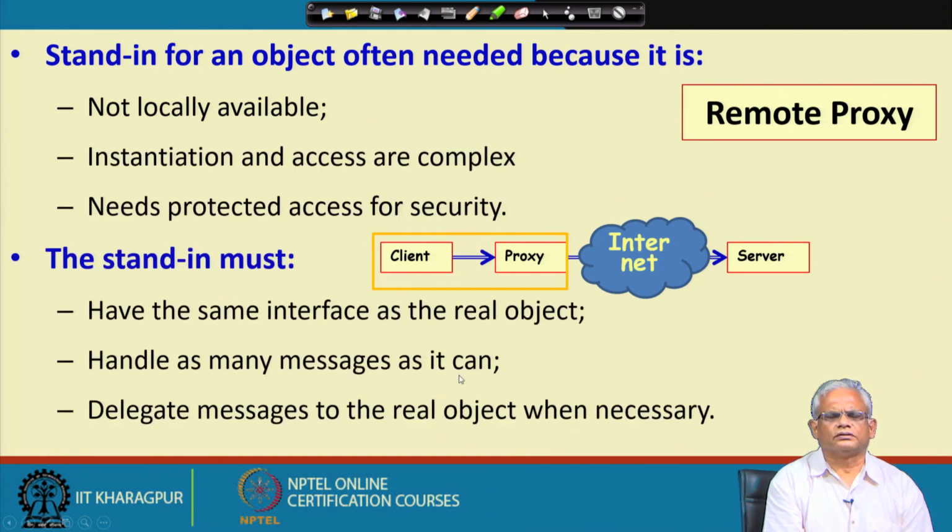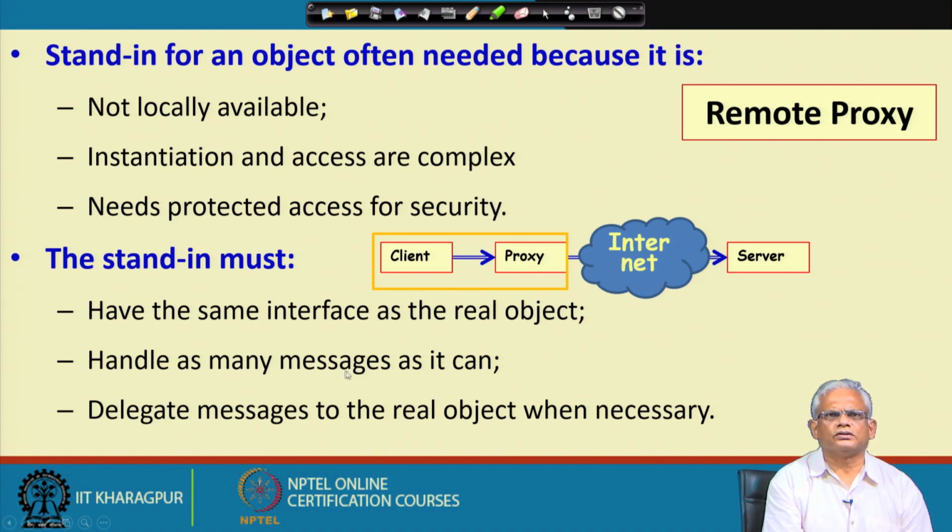It simplifies the application development, that is the client code. It need not get bogged down with the server address, contacting the server, instantiating and so on. All these responsibilities are taken over by the proxy.